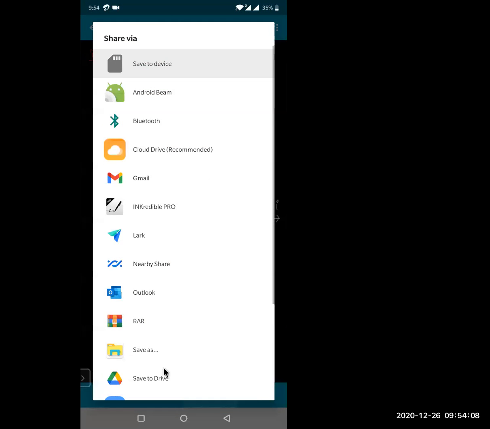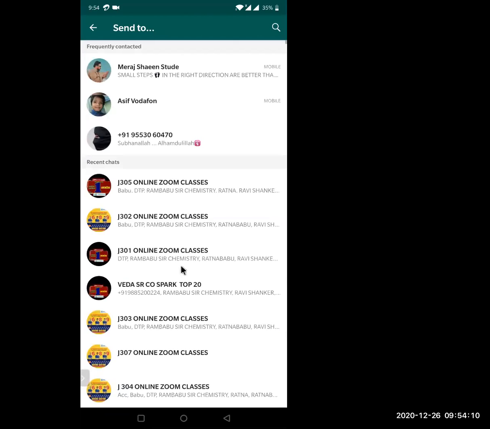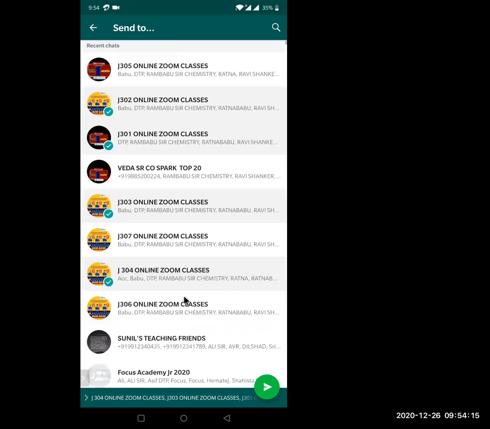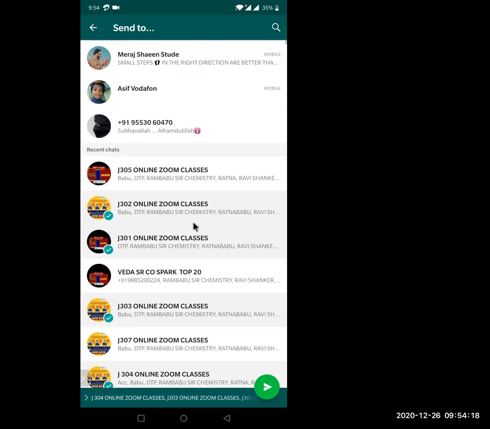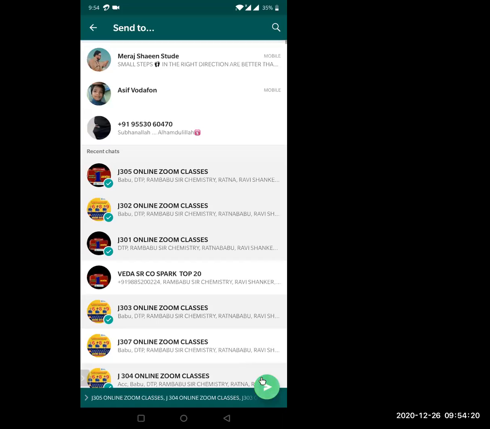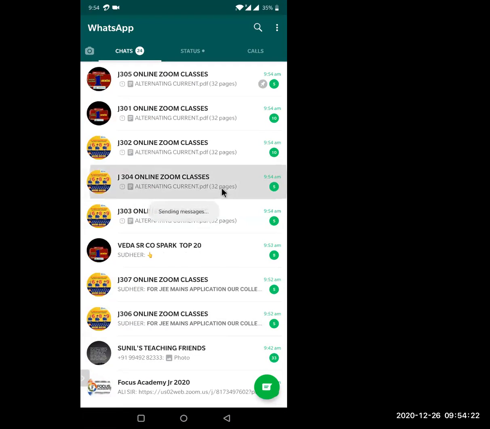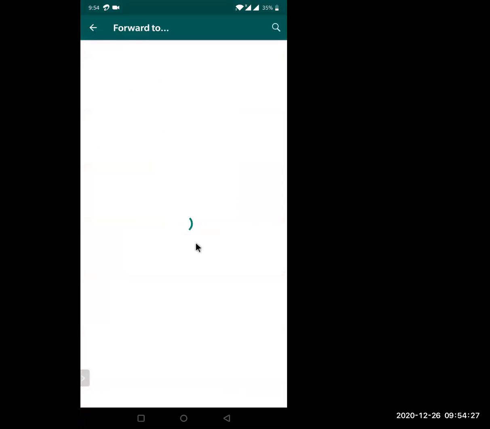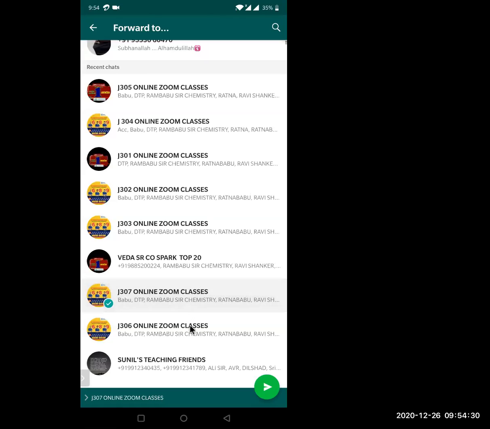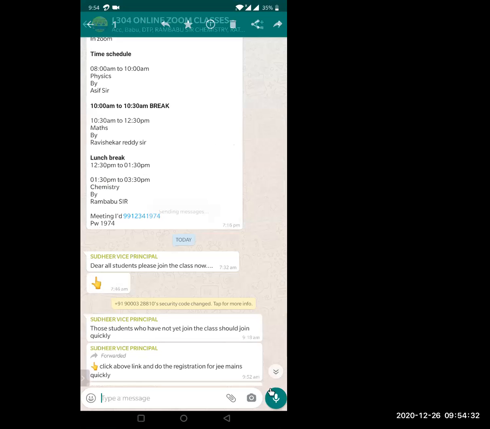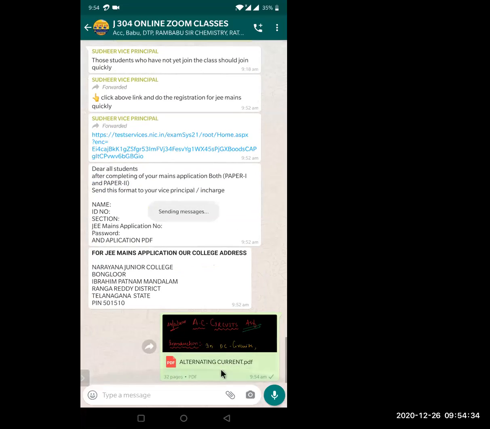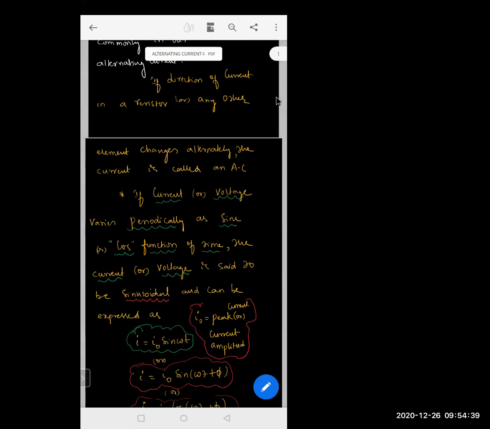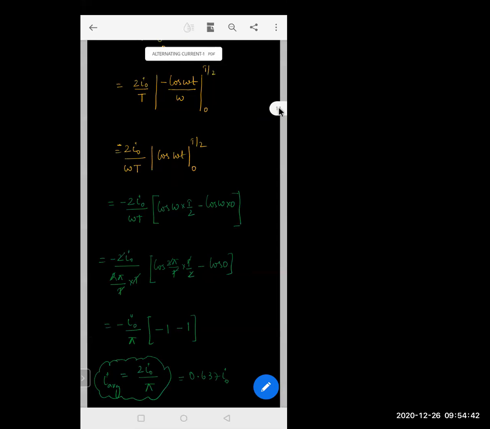కంటిన్యూషన్ నోట్స్ పంపిస్తున్నాను. 302, 301, 303, 304, 305. ఓకేనా? Then 306, 307. వచ్చింది అందరికి నోట్స్? దీంట్లోనే ఉంది ఈరోజు చెప్పిన నోట్స్ మొత్తం.